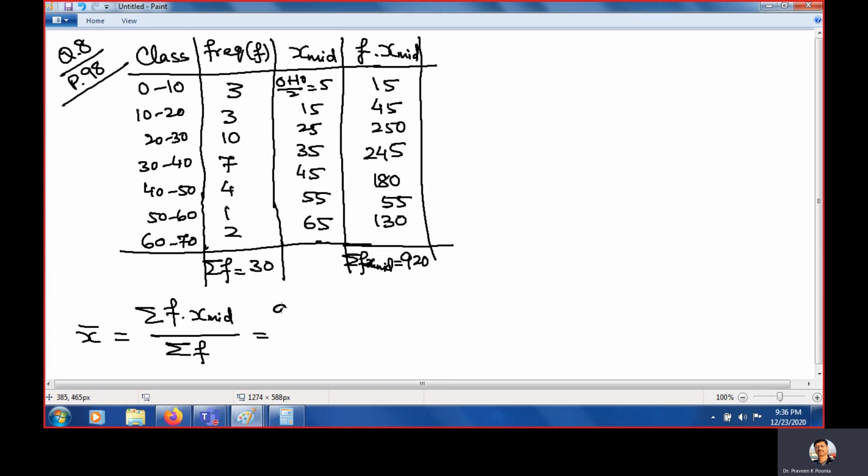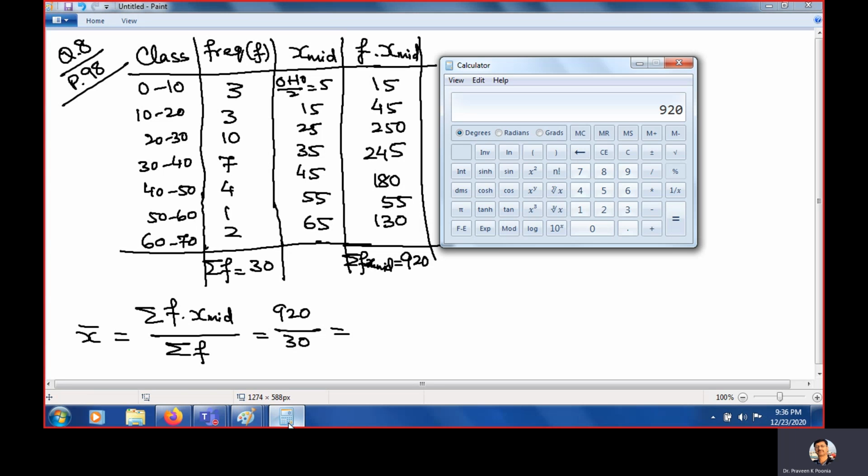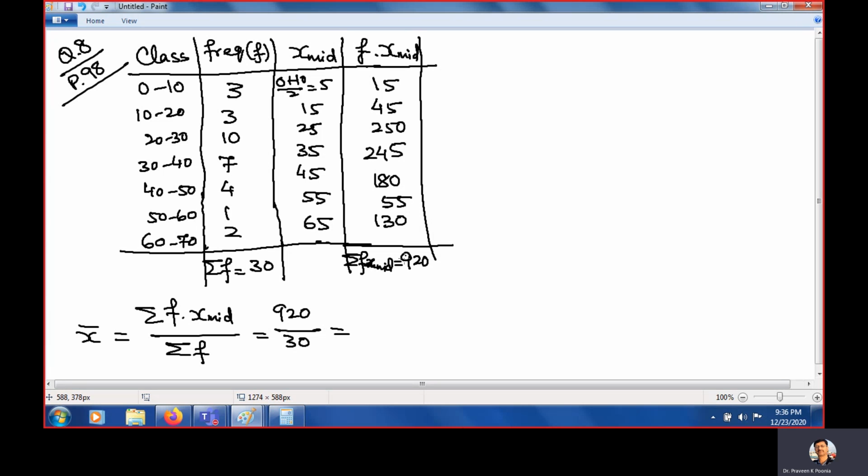Mean is sigma f x mid upon 30. So you need to divide 920 by 30, and the answer is 30.6. So the mean coming is 30.6. Okay, so mean we have evaluated.